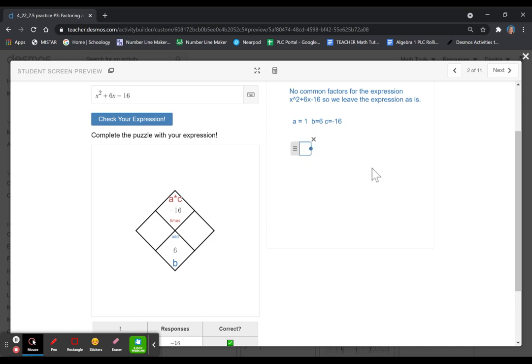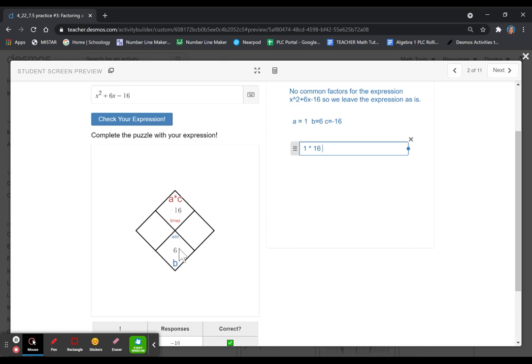All right, let's start. I like to start out at 1. So 1 times 16 is 16, but we want negative 16.